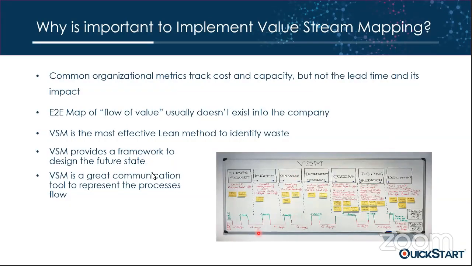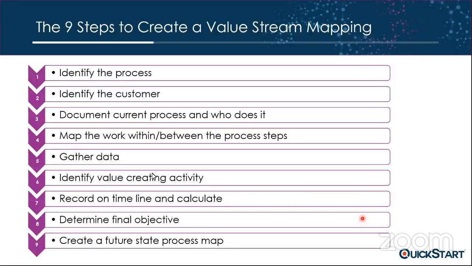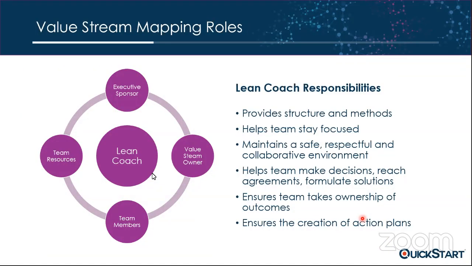However, after that, to complete the real days, hours, minutes, months, we need to do a good job recording on the timeline and calculating. And determining the final objective, to create the future state process map, is the last step for the value stream mapping.